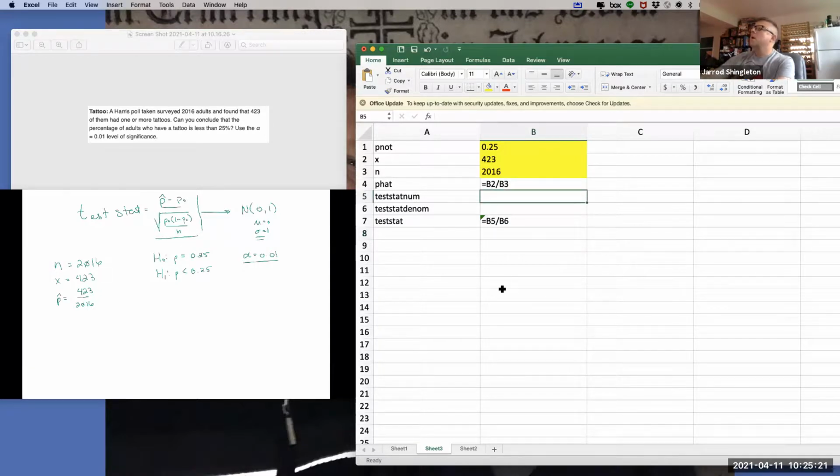Okay, so the numerator here is my p hat minus p naught. Now, since this is a left-tailed test, the test statistic should be a negative number. So let's go ahead and finish with everything before we look at any of the numbers.